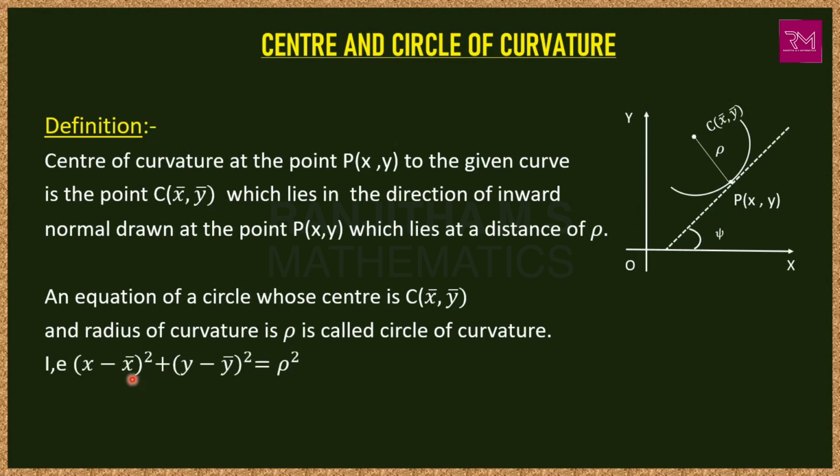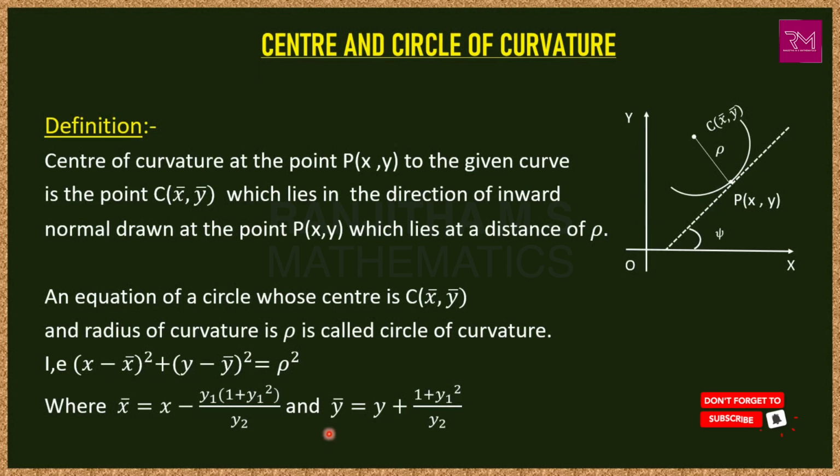It is given by (x minus x bar) whole square plus (y minus y bar) whole square equals rho square, where x bar is x minus y1 into (1 plus y1 square) by y2, and y bar is y plus (1 plus y1 square) by y2, where y1 and y2 are the first order and second order derivatives of y with respect to x. So this is the formula to find the coordinates of center of curvature C(x bar, y bar).